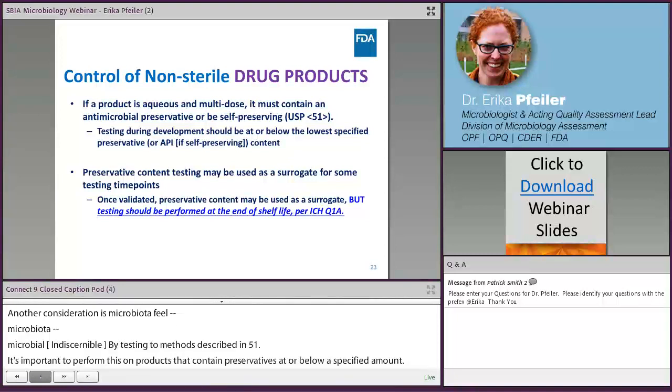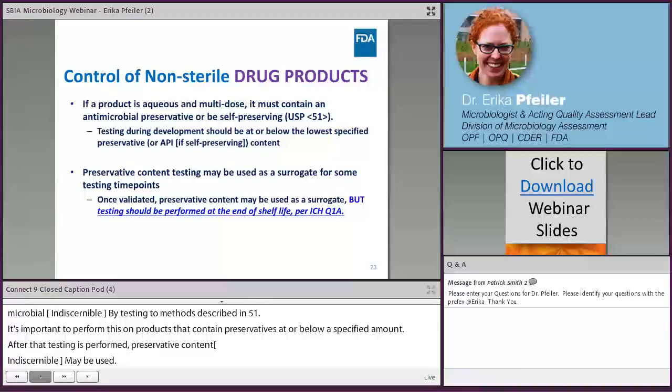However, I do want to emphasize one item which we've been seeing issues with in applications, which is that regardless of whether preservative content is used as a surrogate for testing, AET should be performed on at least one batch at the end of the product's shelf life.